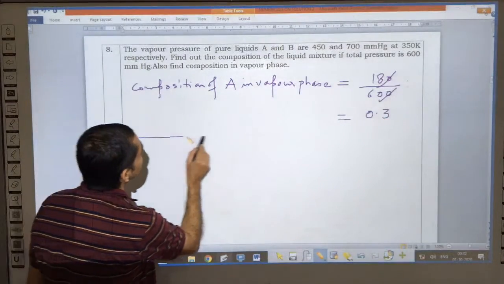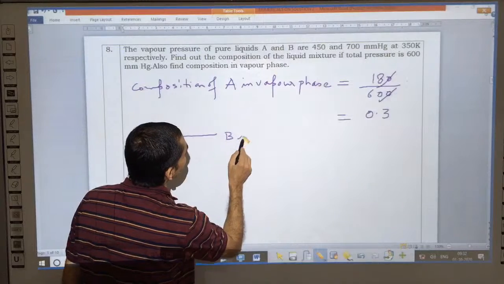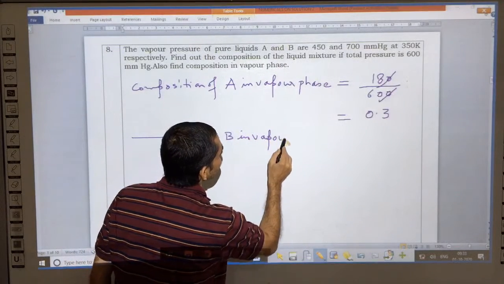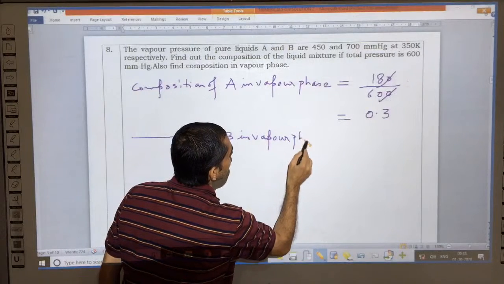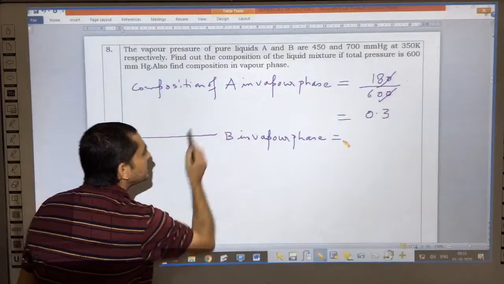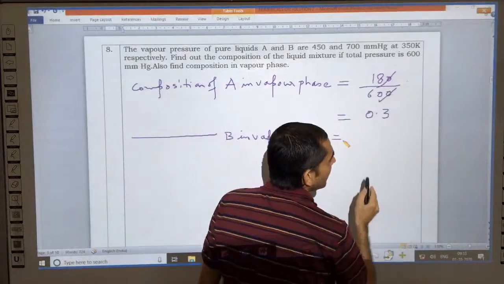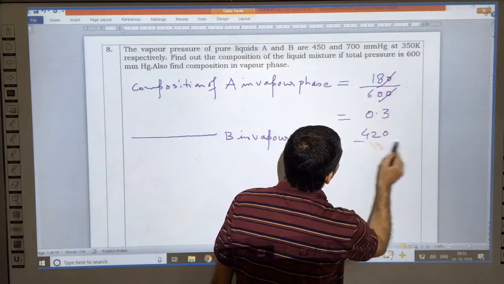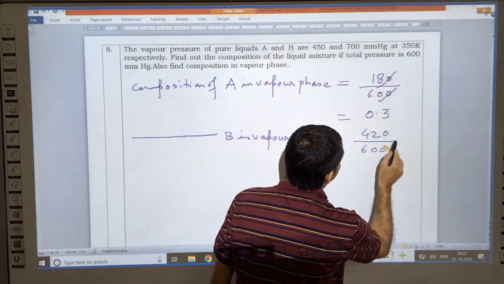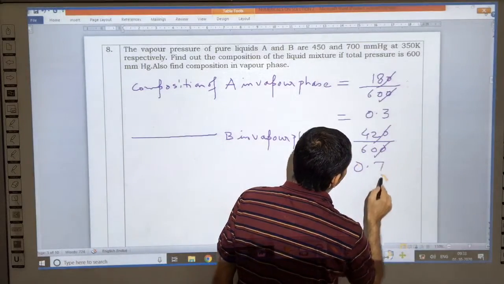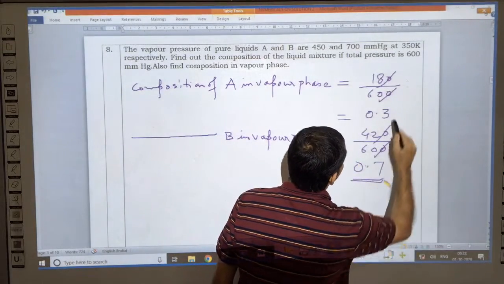Similarly, composition of B in vapor phase will be equal to the partial pressure of B, which we just calculated as 420, upon total pressure 600. And this is coming to be 0.7. So these are the answers of this question.